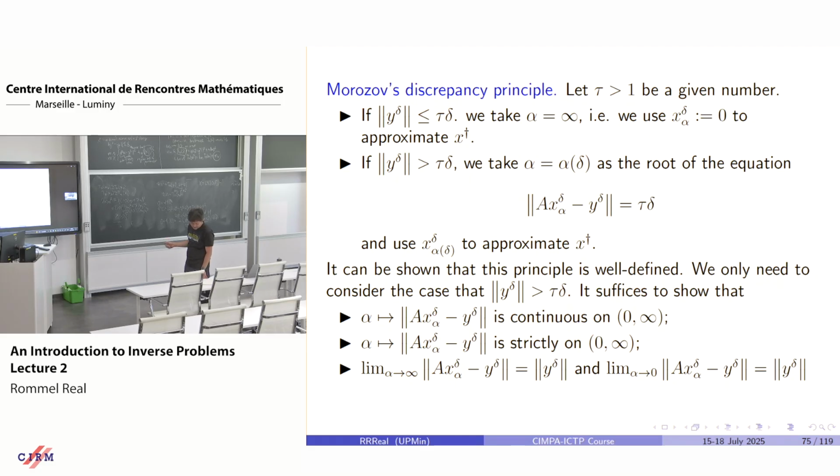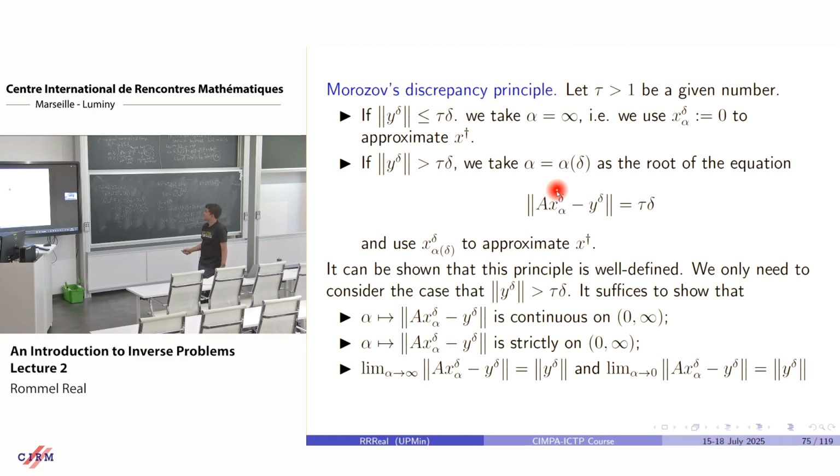Now, what does that mean? This tells us that our regularized solution is just 0 because, as you notice, the data is buried by the noise.